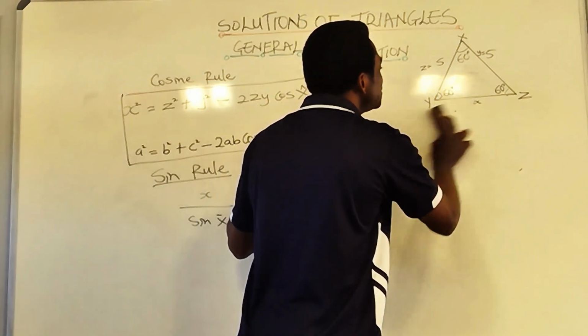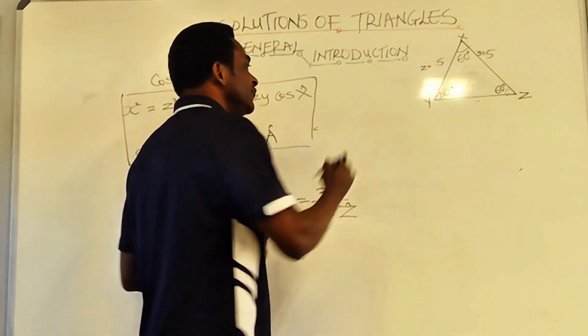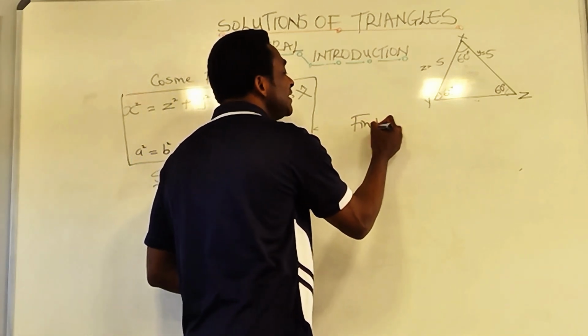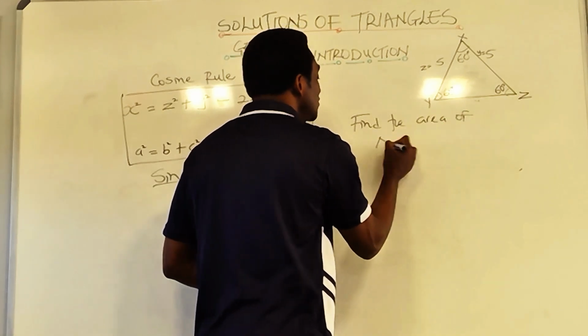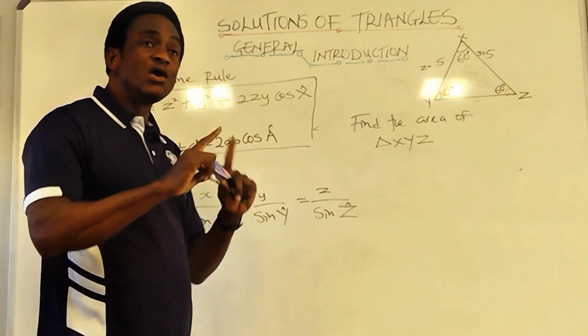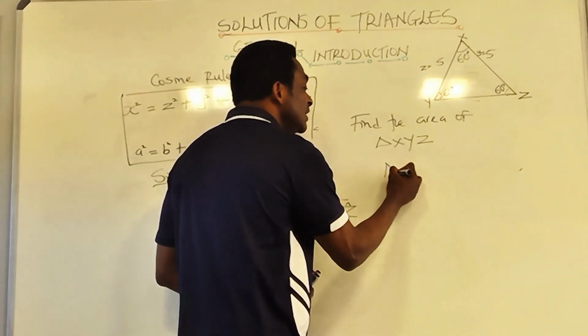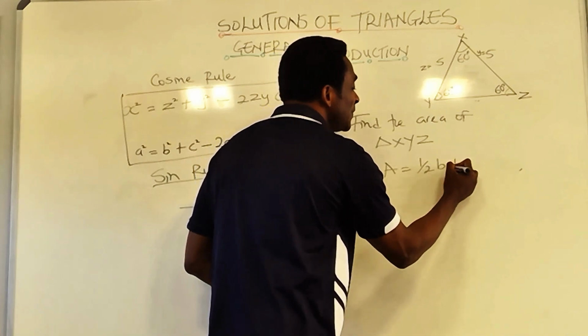The last approach is when we are asked to figure out the area, for instance, the area of triangle XYZ. Remember that the area of a triangle, generally, that we learned in lower grades is half base times perpendicular height.